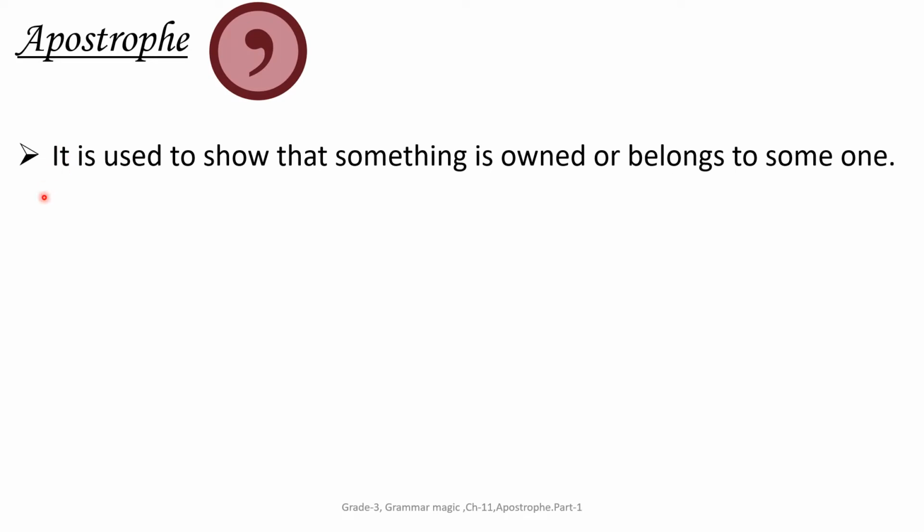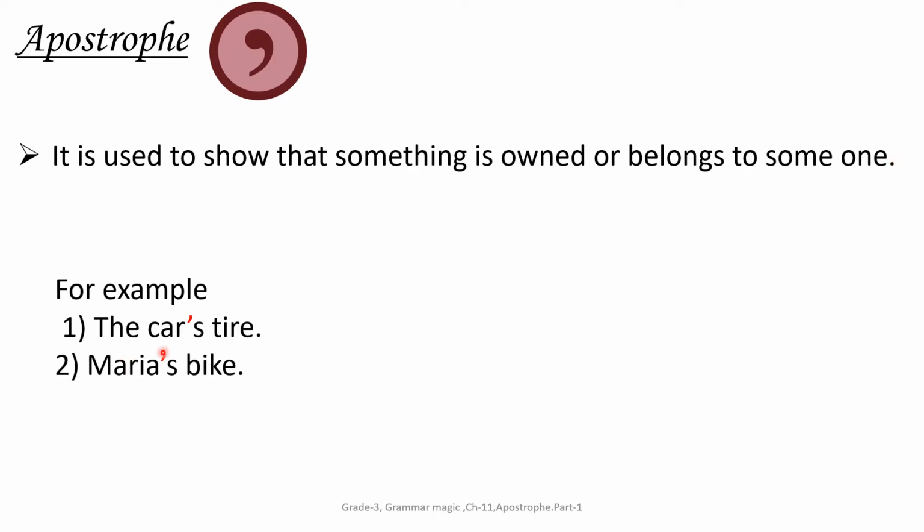So children, apostrophe is used to show that something is owned or belongs to someone. So children, when we use apostrophe, when something is owned. Owned means anything which belongs to someone.